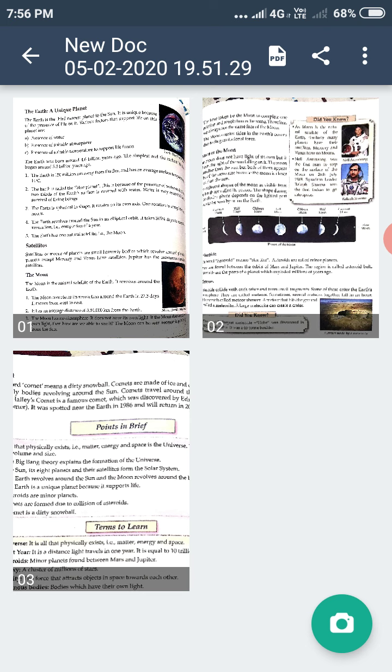Now we will talk about the natural satellite of Earth, that is the Moon. It is a natural satellite of Earth, and it revolves around the Earth. As I have told, satellites revolve around their own planets. So the planet of the Moon is Earth, so it keeps on revolving around the Earth.